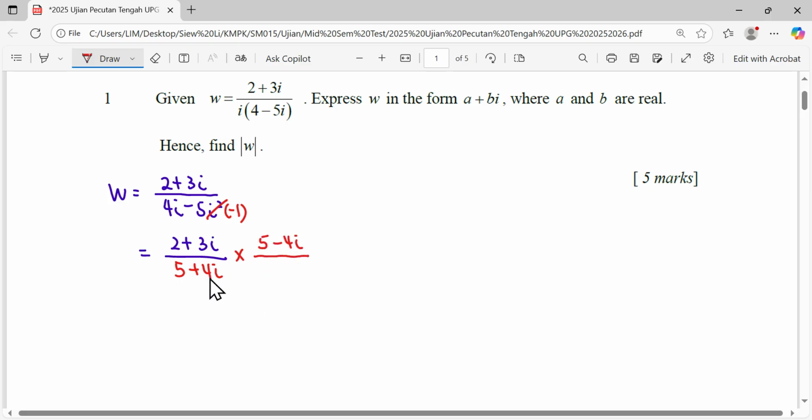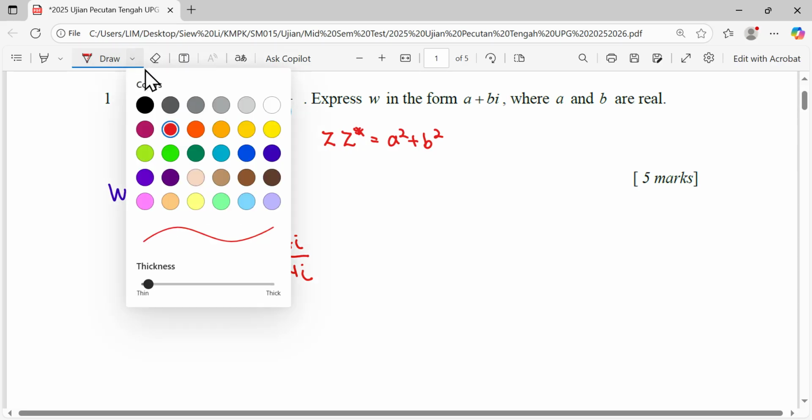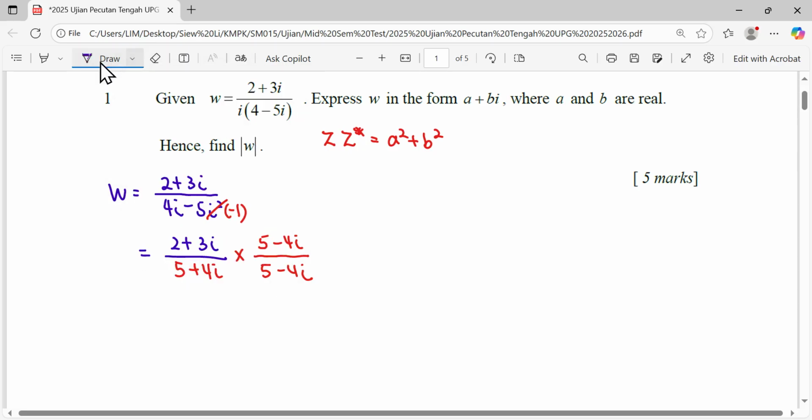We will exchange the sign for the imaginary part from positive to negative. So complex number times its conjugate, we always get a squared plus b squared, which is a real number, the value of a squared and b value squared.